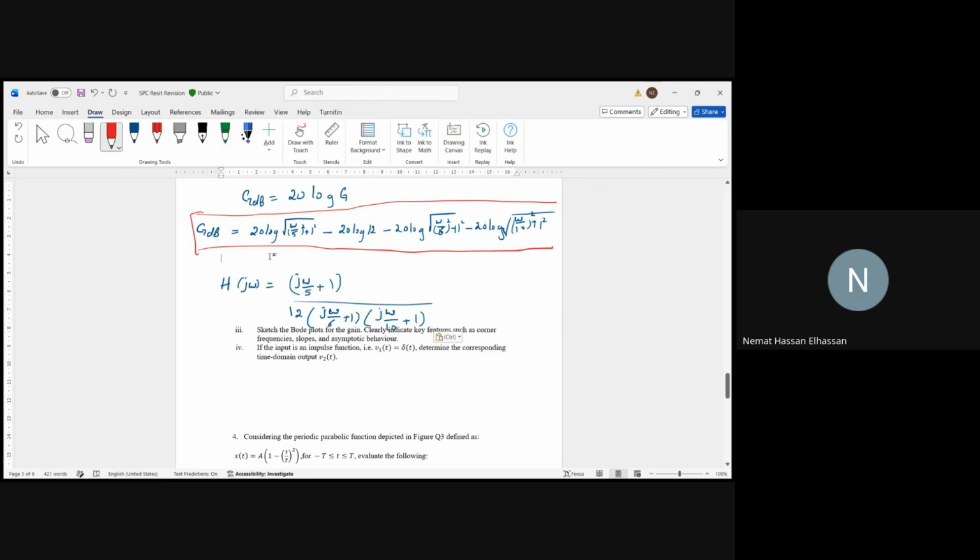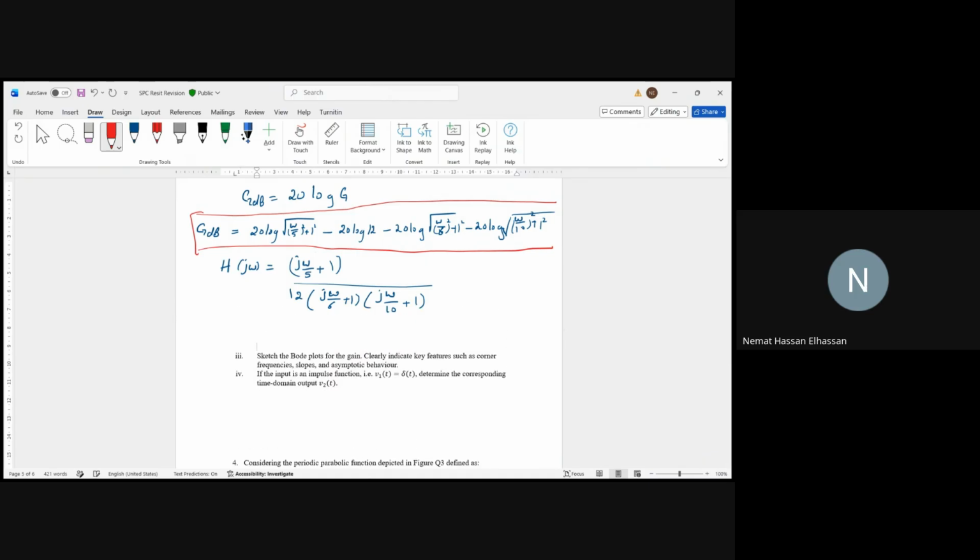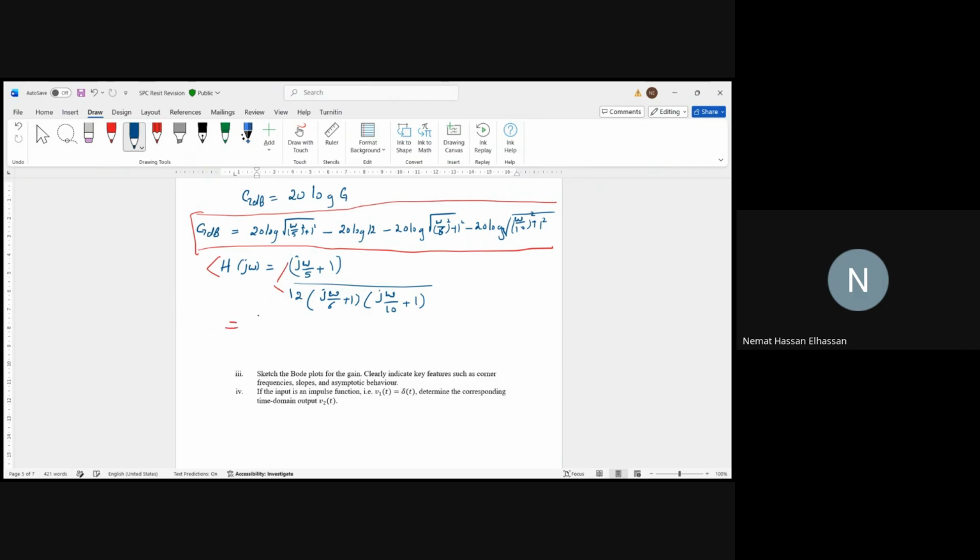So the phase is equal to the angle of the numerator, the angle of j omega over 5 plus 1, minus the angle of the number 12, minus the angle of the complex number j omega over 6 plus 1, minus the angle of j omega over 10 plus 1.